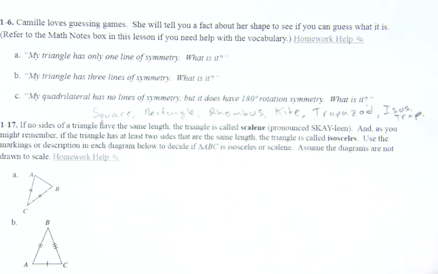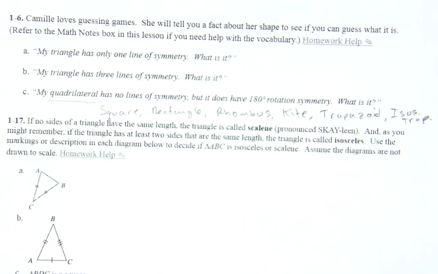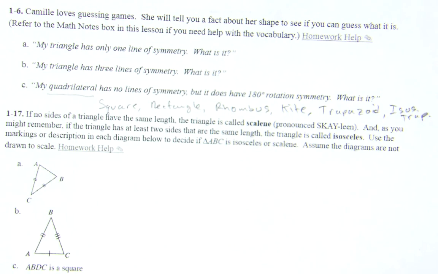So, am I missing anything? I probably am missing something. It's too early in the morning for me to remember right now. Or just a regular quadrilateral, or any 4-sided figure. It could look kind of funky or not.